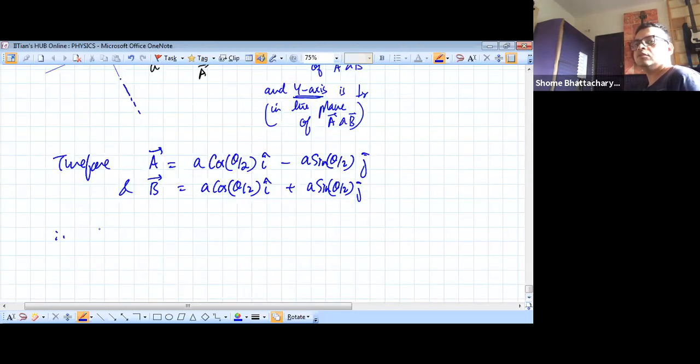So that's how the magnitude will become like this. So therefore, you can see A plus B. Just add these two here, so that will become 2A cos theta by 2 i cap, but plus 0 j cap.